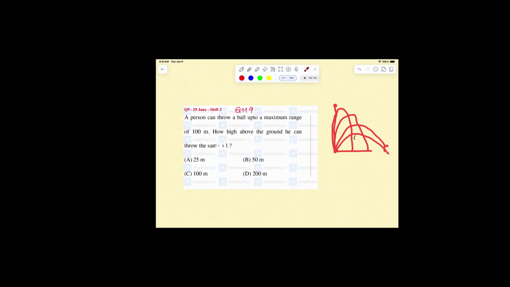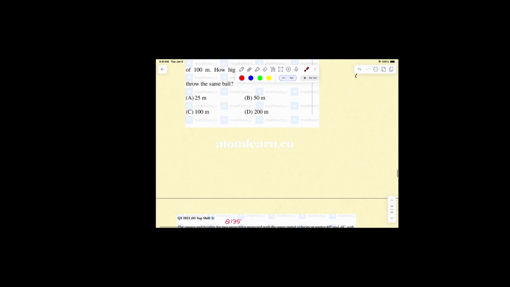Increase the angle again, and it will go like this. Increase the angle to 90 degrees, and it will go the highest. Therefore, u squared by g, R max, equals 100 is given. What is u squared by 2g, which is h max? 50 is the answer. Understood? Okay, next question.